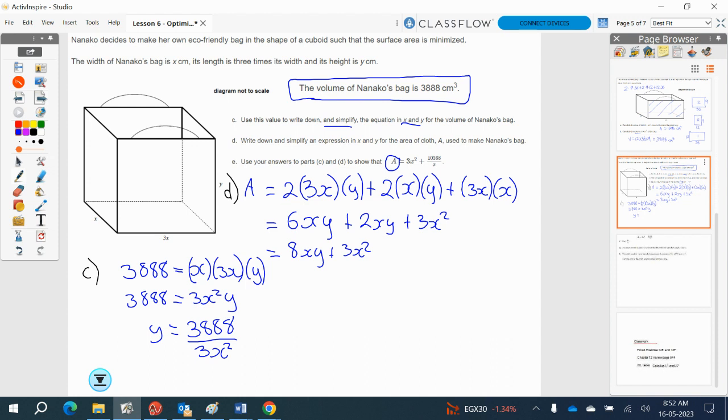We can only move the 3x squared to the other side by division. We have a product here between the 3x squared and the y. The inverse operation of multiply is divide, so we have to divide both sides by 3x squared, which is why it comes under here.